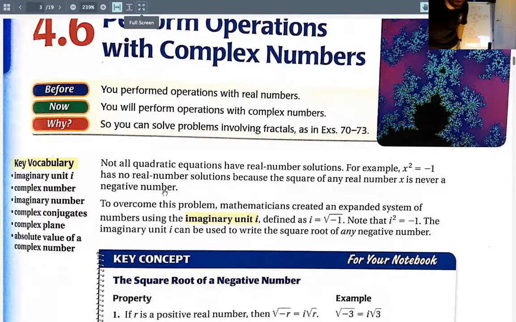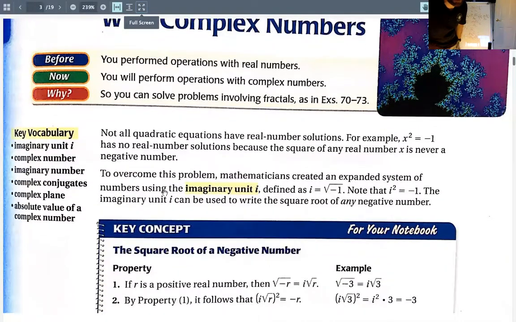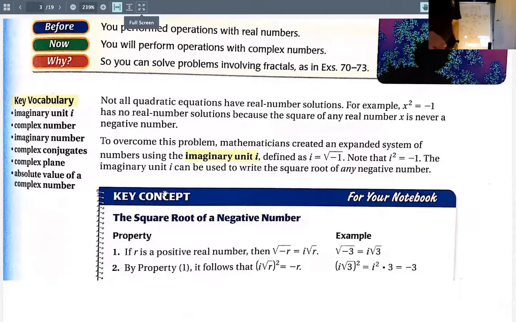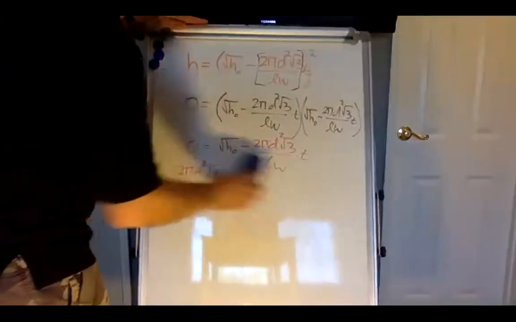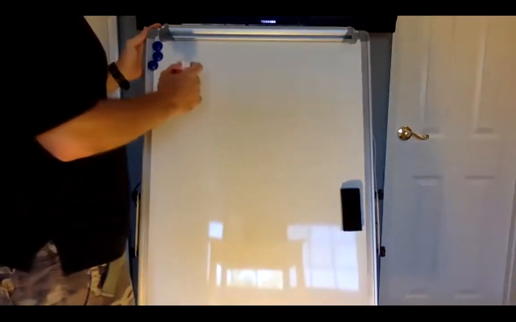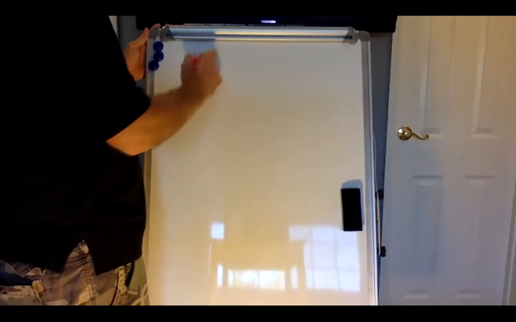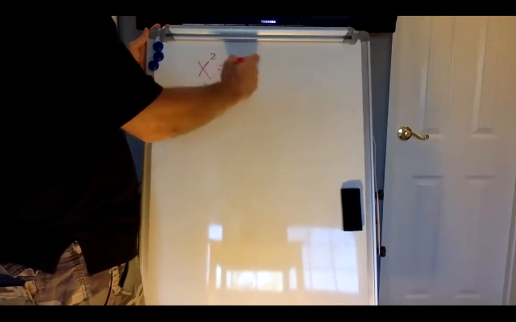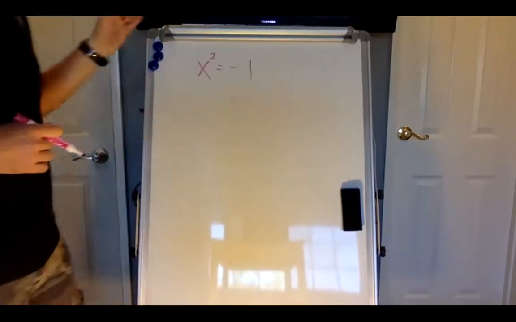So not all quadratic equations have real number solutions. All right, so before we get into this, I'm going to break away for a second. Some of you already know what i is, but let me just talk about something first. If we have x squared is equal to -1, what's the problem with that?